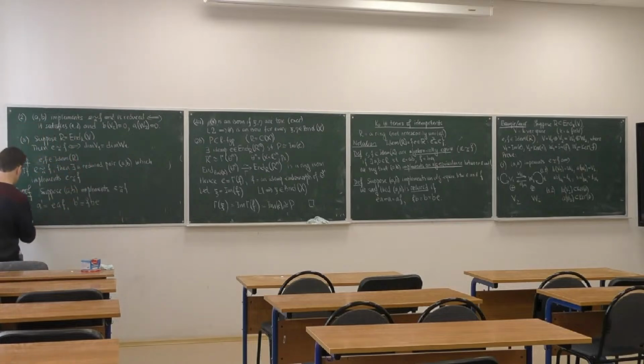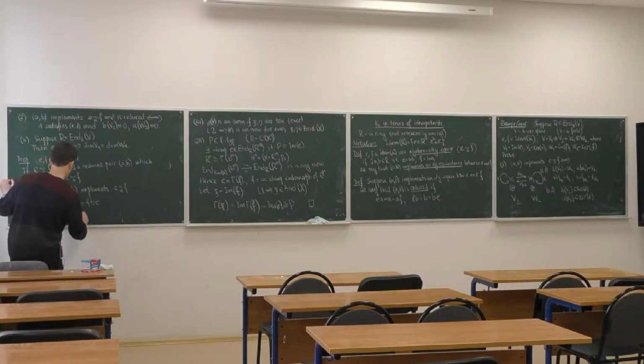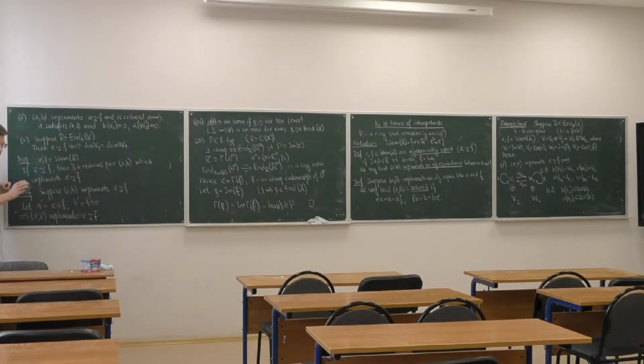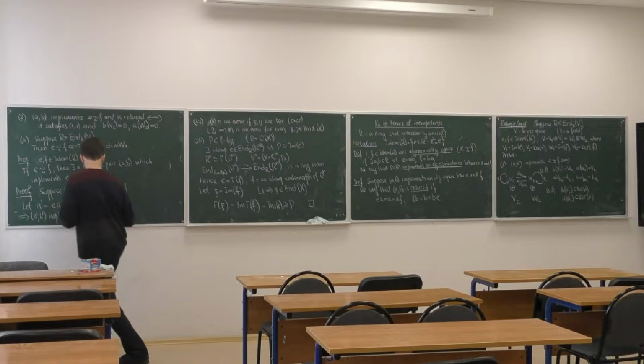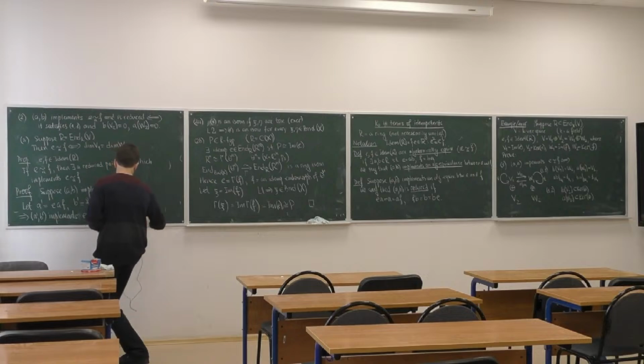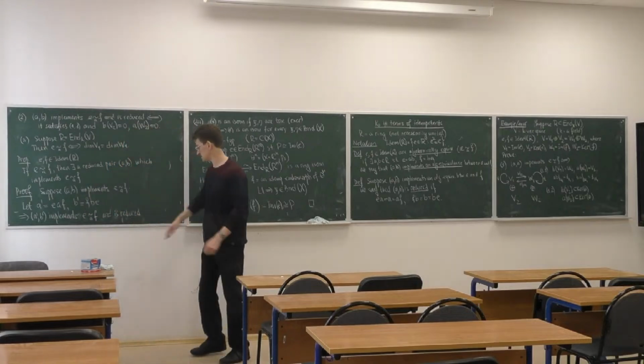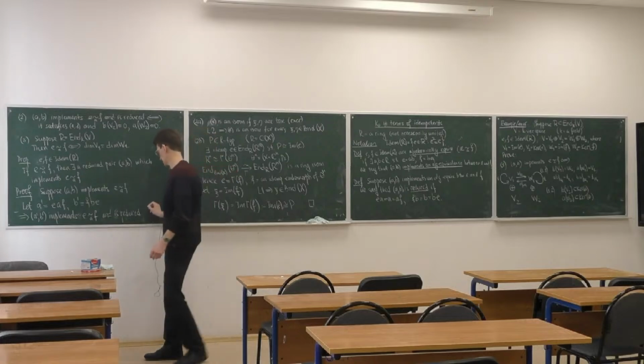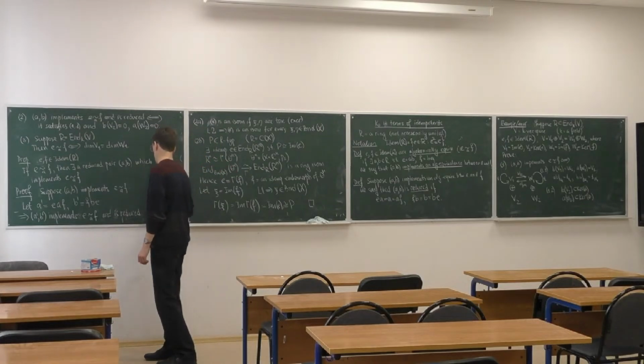Then I claim that this pair still implements an equivalence between E and F, but it is reduced. This is quite straightforward, so I'll leave this as an exercise for you. This is just a little calculation, just a line.